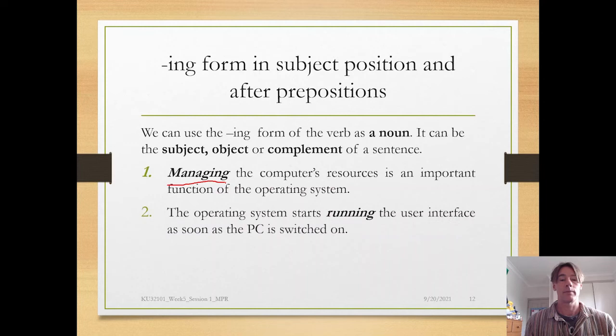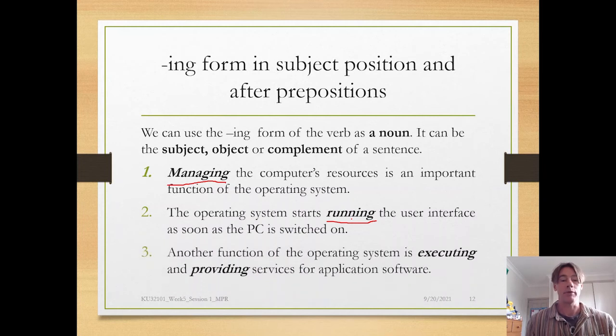Number 2, the operating system starts running the user interface as soon as the PC is switched on. Here, we change the verb run to the gerund or noun running. Please notice in this example, we add an N and then add ing.